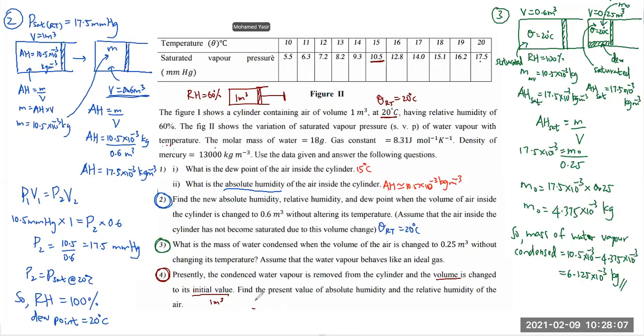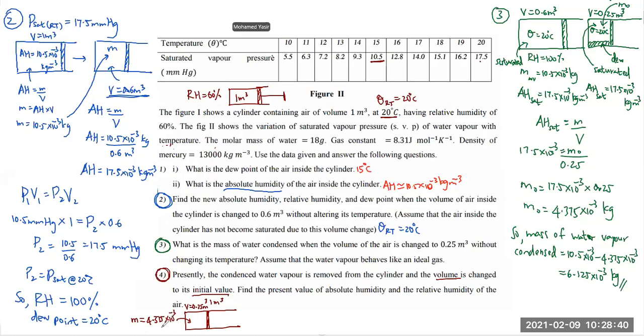Okay, once you remove the condensed water, what will happen? The volume is 0.25 meter cube, and the mass of water vapor inside is the remaining 4.375 into 10 to the power minus 3.